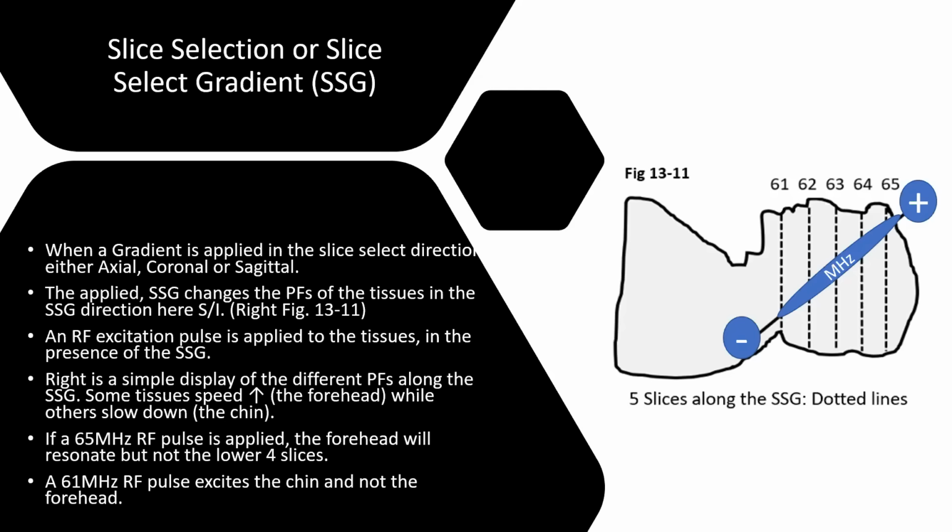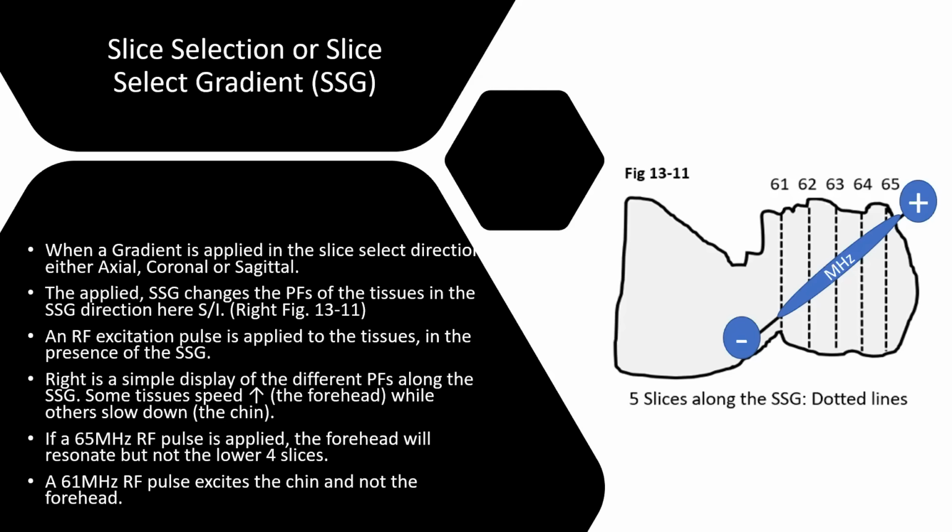So let's just say, for example, you turn on that gradient and you put in an RF pulse. Just for ease, if you turn on that gradient and you apply a 61 megahertz RF pulse, his chin is going to resonate. The nose, eyeball, forehead, they're not, because you didn't call their name.